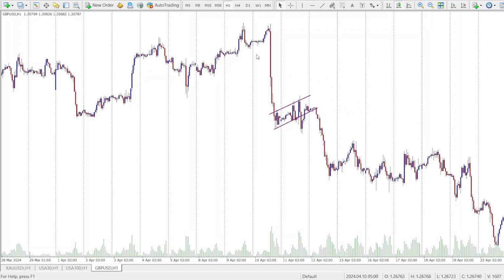Once this consolidation completes and there is a breakout, traders usually expect another leg down.